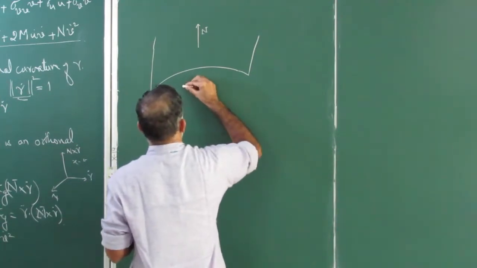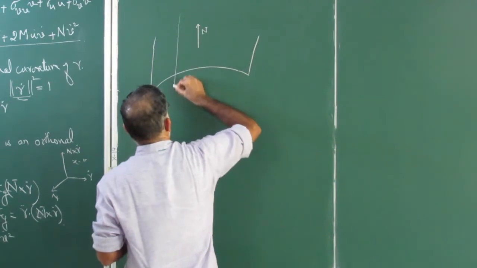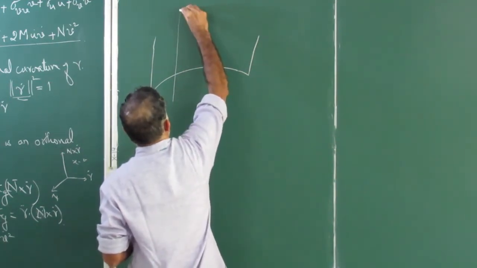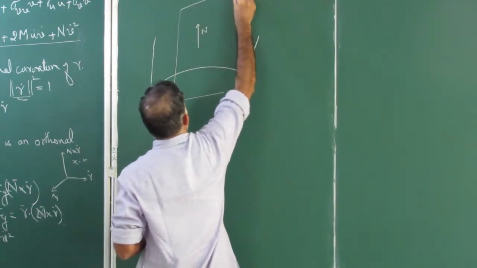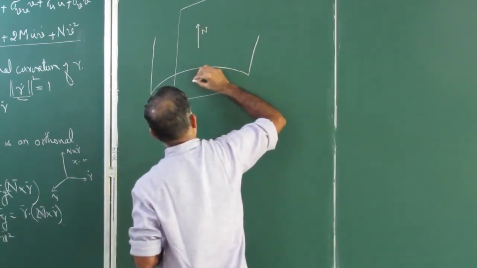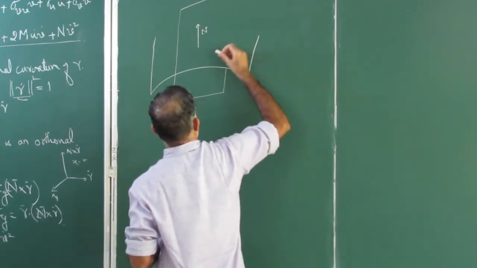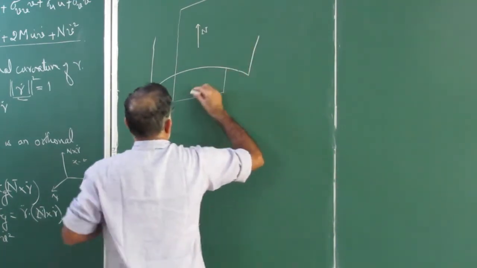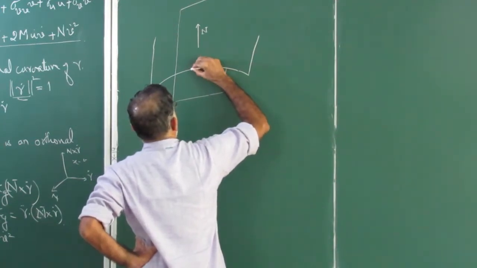Maybe some plane, I don't know how to draw it, let's see. Okay, so it will intersect this. So when it intersects, where will it intersect? It may intersect something like this.